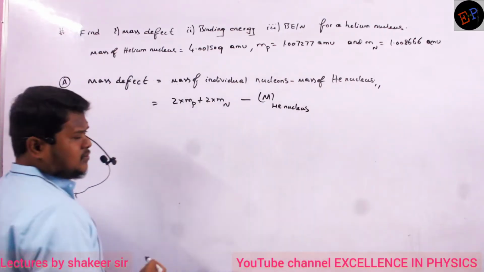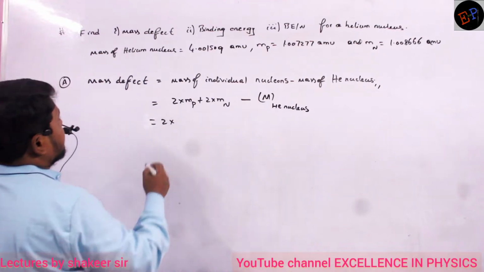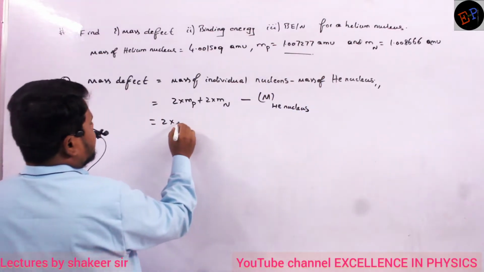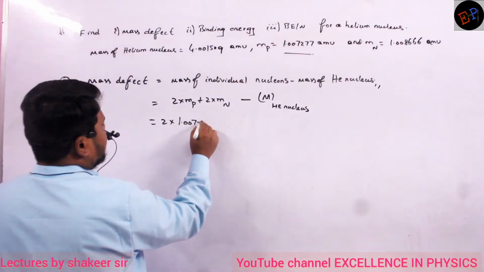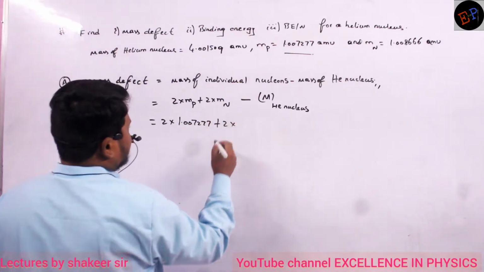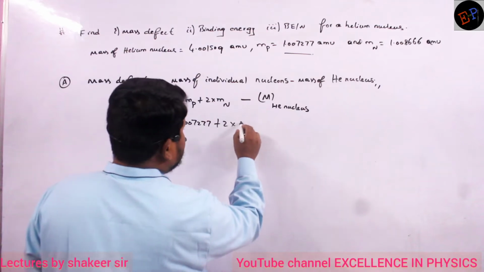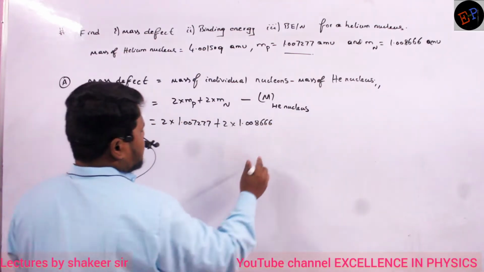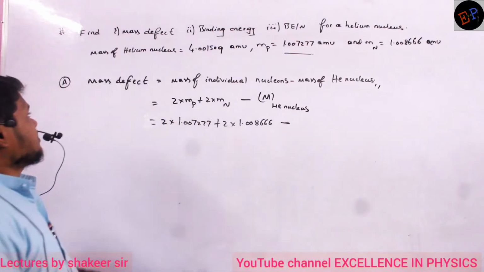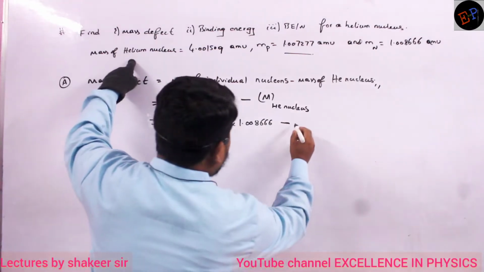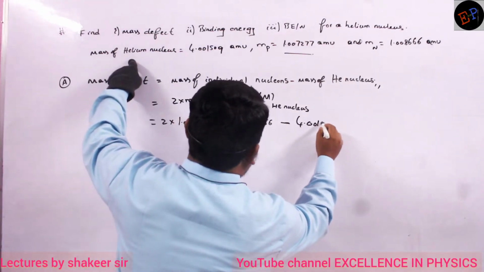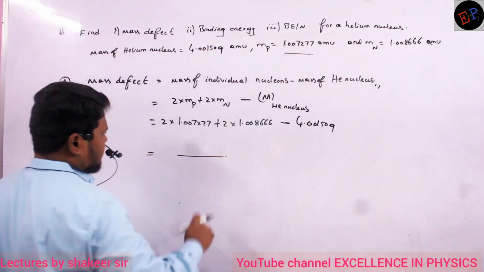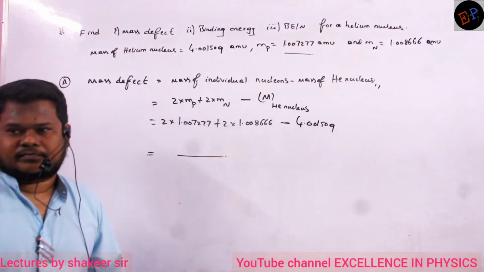The mass of proton is 1.007277, the mass of neutron is 1.008666, and the mass of helium nucleus is 4.001509.